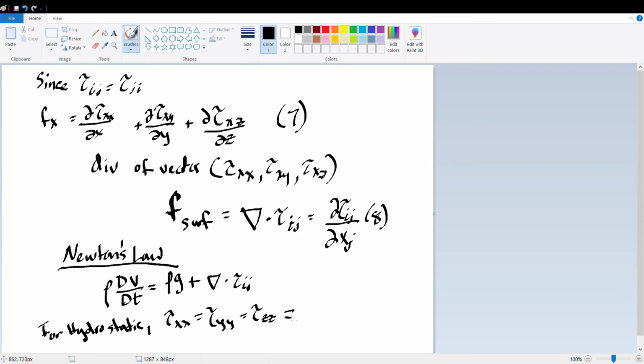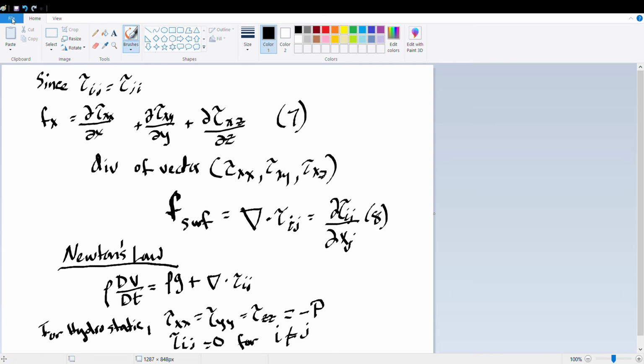We're going to call that minus p, since it's basically in compression, the pressure on that cube. And if it's hydrostatic, we know the stresses at the off indices, where i is not equal to j, are equal to 0.